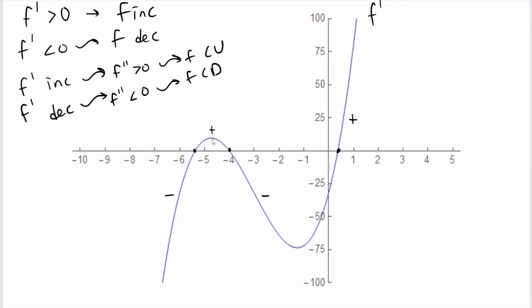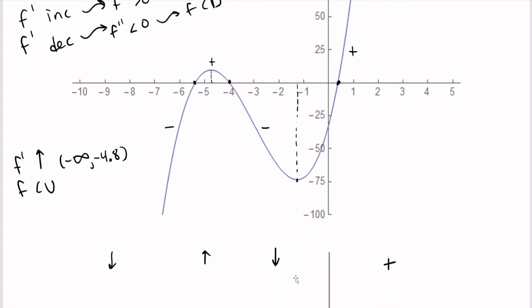Okay, so it looks like this function, f prime, is increasing from negative infinity up to here. What about this point? We'll call that negative 4.8. So f prime is increasing from negative infinity to about negative 4.8, which means that f is concave up in that same area. Now f prime is decreasing until here, which is called negative 1.2.